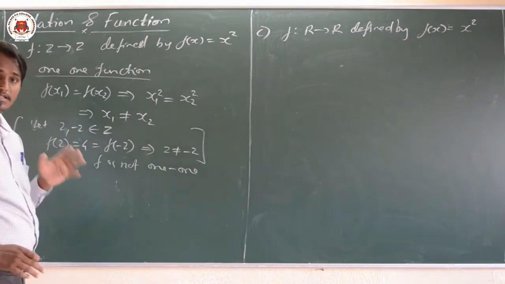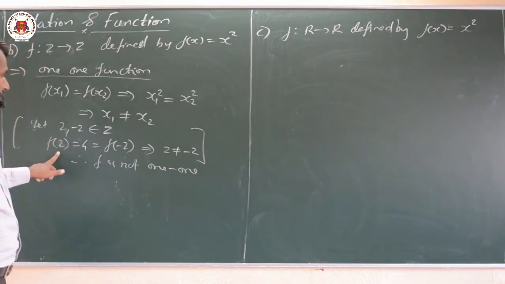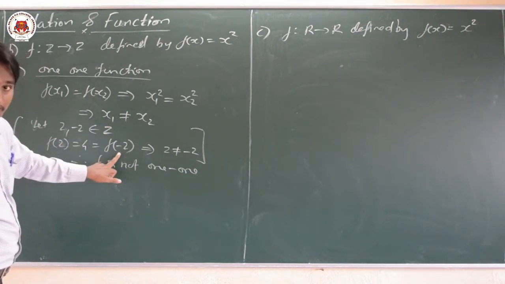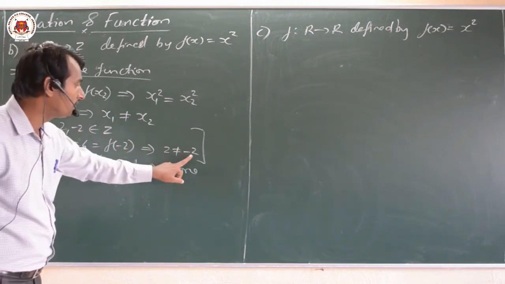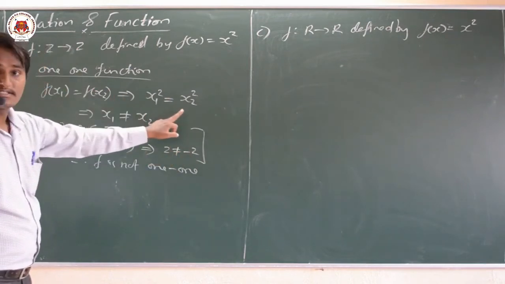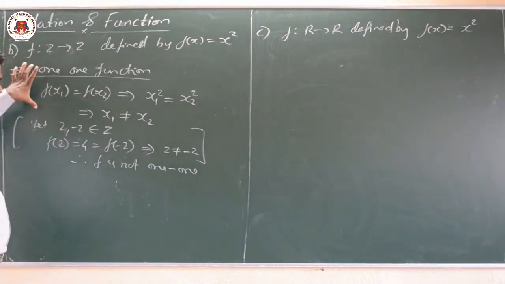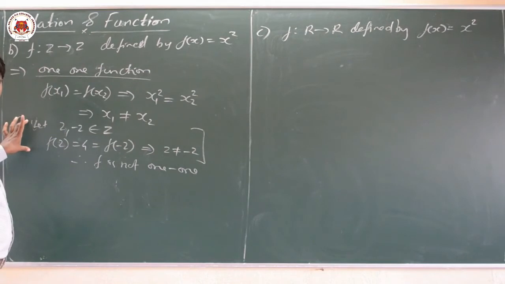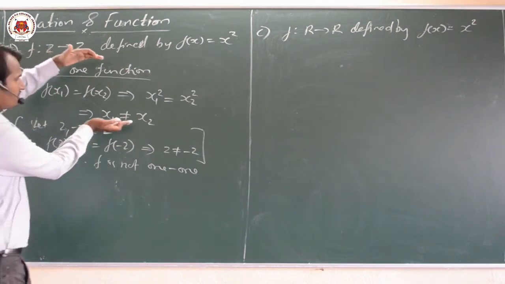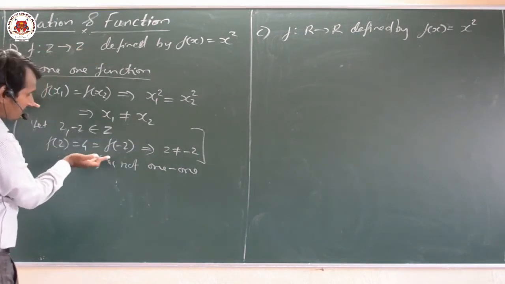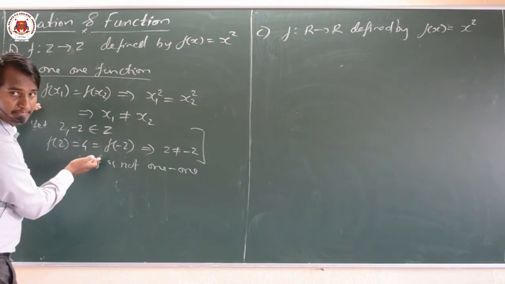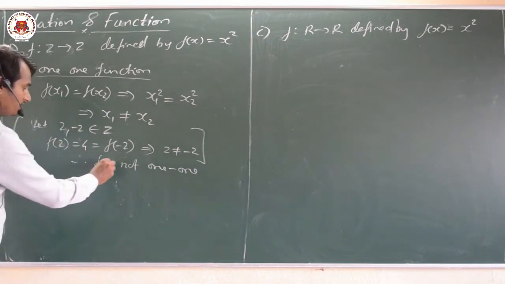It is a very simple example. Instead of writing all these things, you can directly write this also. It is not compulsory to write in this particular manner, but it should be very clear. Therefore f is not 1-1.